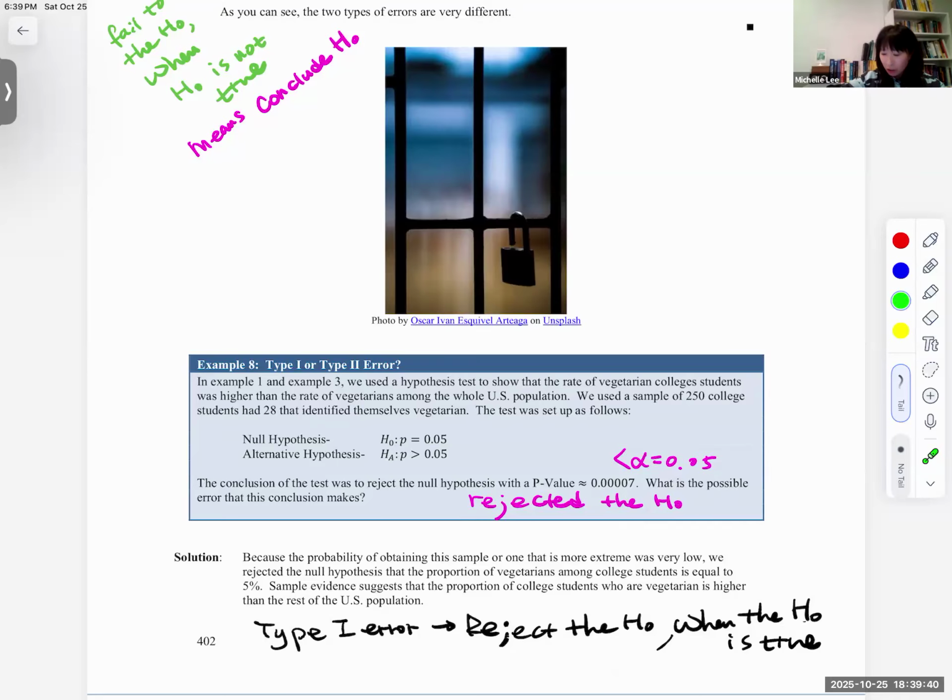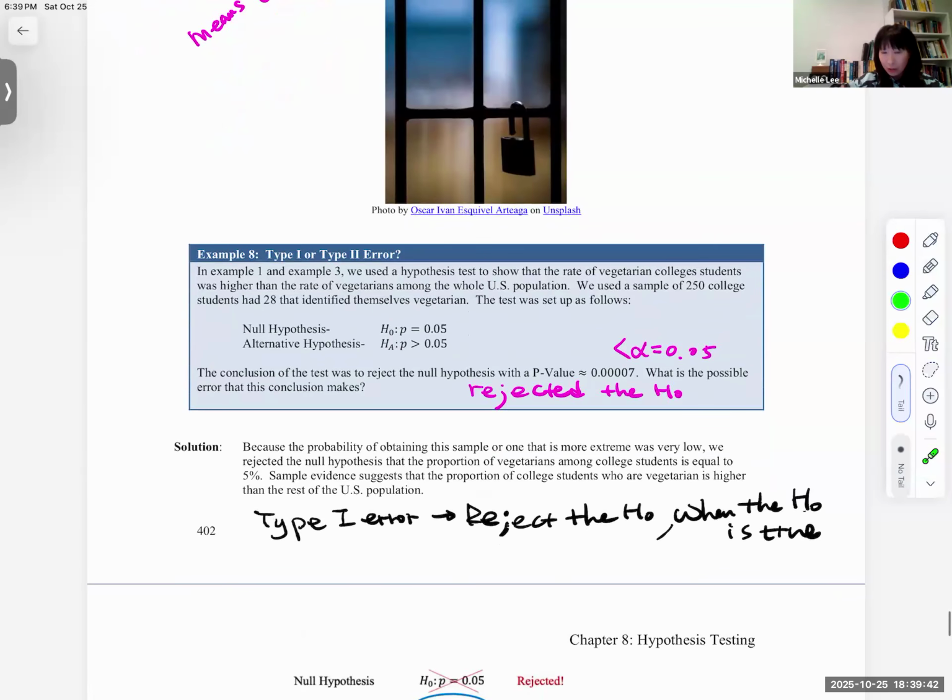So type 1 error is rejecting the null hypothesis when the null hypothesis is true. All right, let's move on.